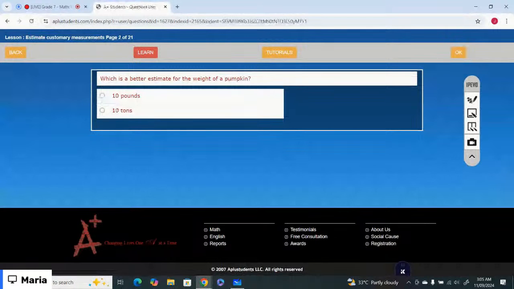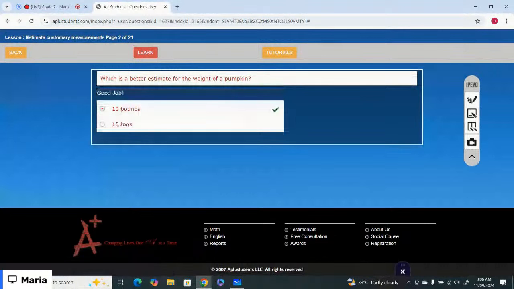Which is the better estimate for the weight of a pumpkin, 10 pounds or 10 tons? That is 10 pounds. 10 tons is too much for the pumpkin, right? Tons is a bigger unit, pound is a smaller unit. That is 10 pounds.